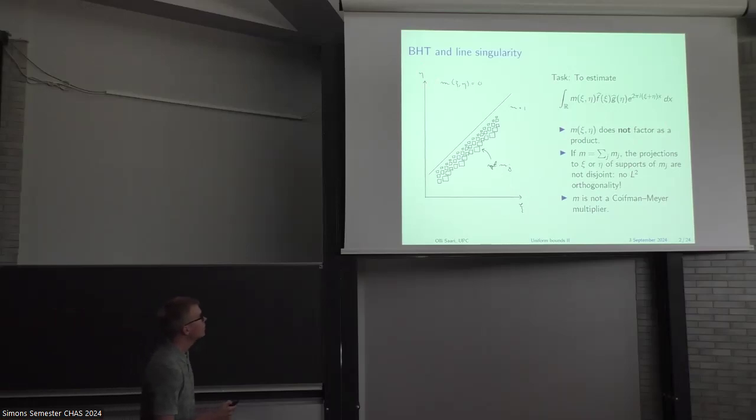Then, of course, we could try to cut this multiplier into smaller pieces, for instance, using first the Whitney decomposition of the support of the bilinear Fourier multiplier. So we could decompose this set into Whitney squares or balls. And then for each of those, we could find an adaptive multiplier by using a partition of unity.